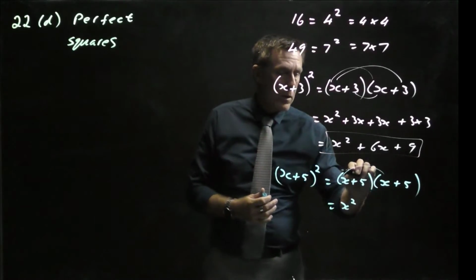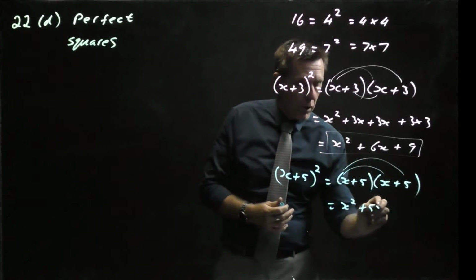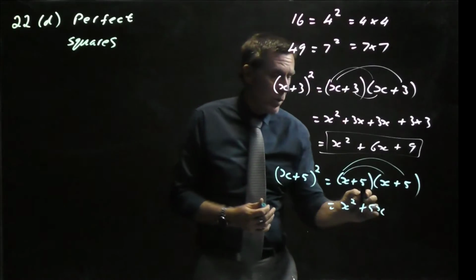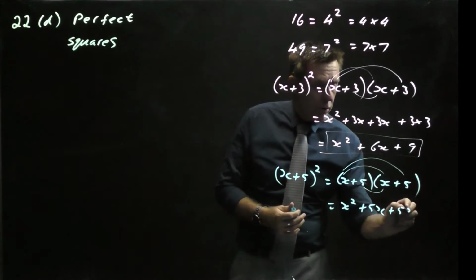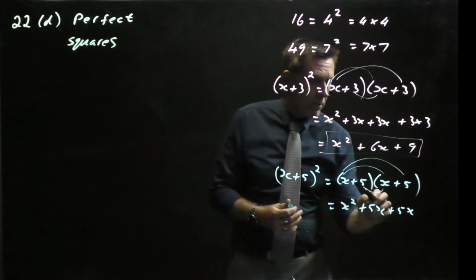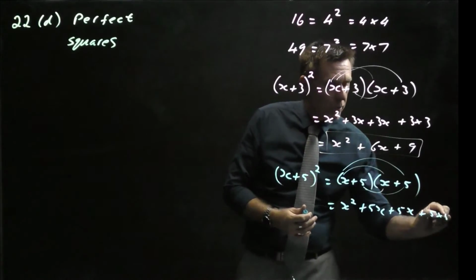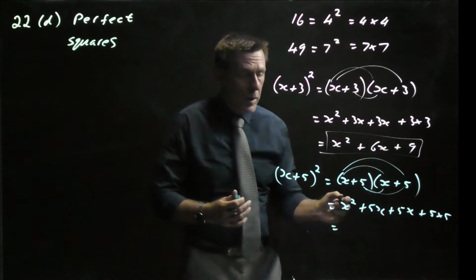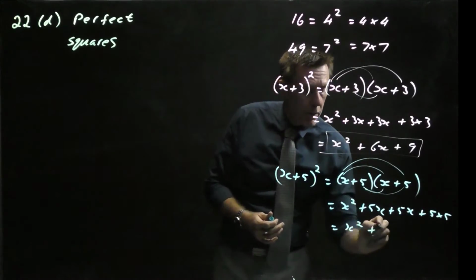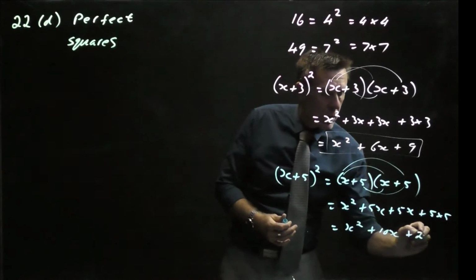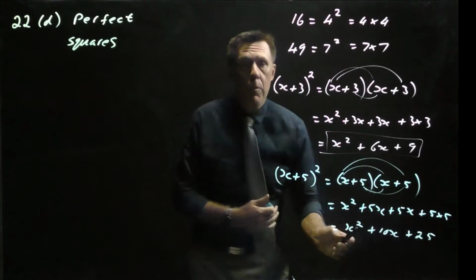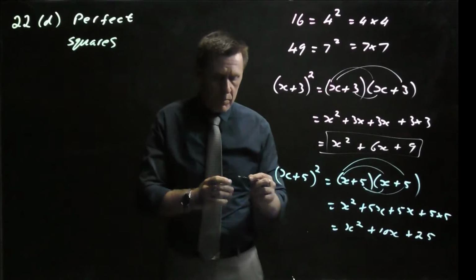The outside ones, x times 5 is going to be 5x. The inside ones, 5 times x is another lot of 5x, and then 5 times 5. So the expansion is x squared plus 10x plus 25. That's another perfect square quadratic.